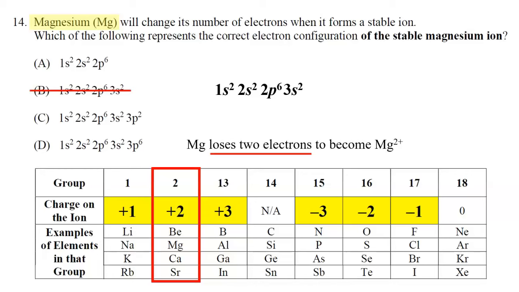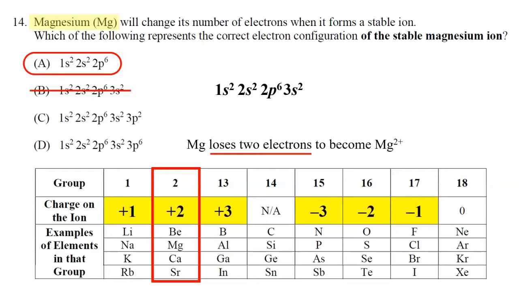So the correct answer to question 14 is choice A, 1s2, 2s2, 2p6. That is a total of 10 electrons because magnesium, which has 12 electrons, lost 2 electrons to form a stable ion with a charge of +2. So the correct answer to question 14 is choice A.